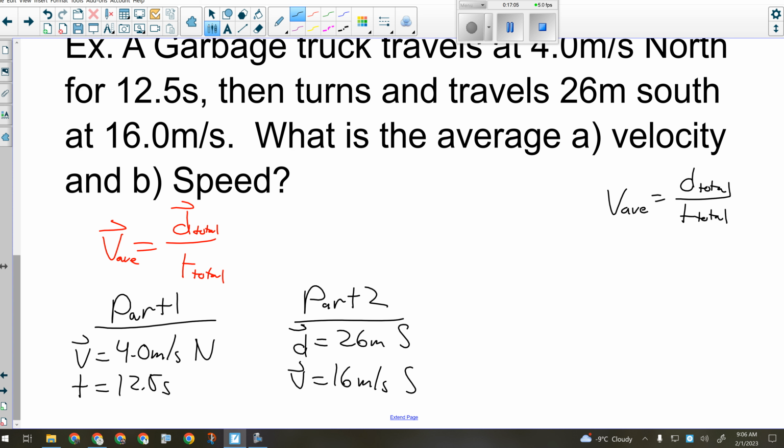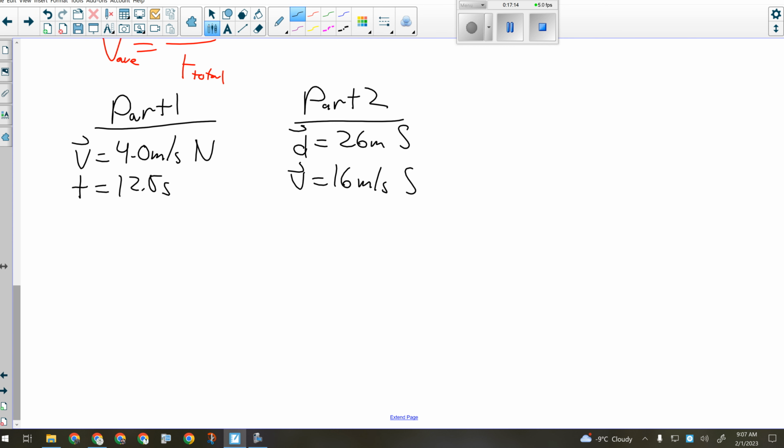Now, if I want to calculate the average velocity, I need the total displacement and the total time. Well, I don't know the displacement for part 1, and I don't know the time for part 2. Can I find them? Yes. So I've got to do a little bit of v equals d over t to start things off. I'm looking for d in part 1, so I'm going to multiply t times v.